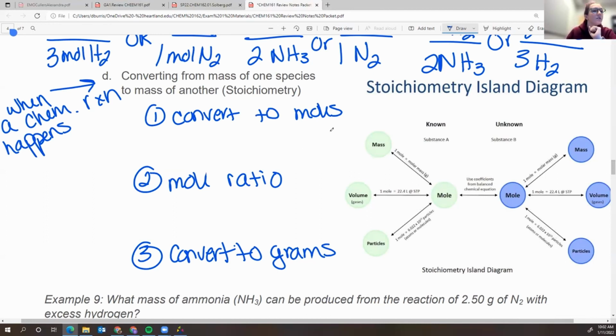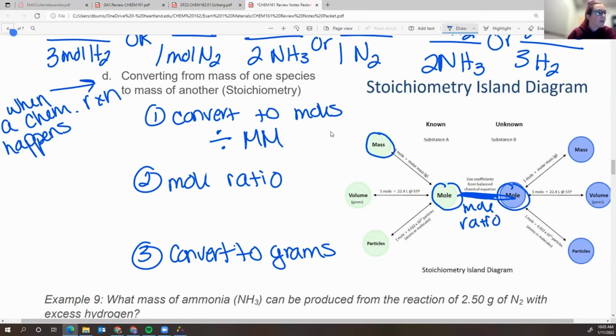If I'm in mass, converting to moles means dividing by the molar mass. That would have meant I started with my known thing, converted to moles by dividing by the molar mass, and then went to moles of the other thing with a mole ratio.